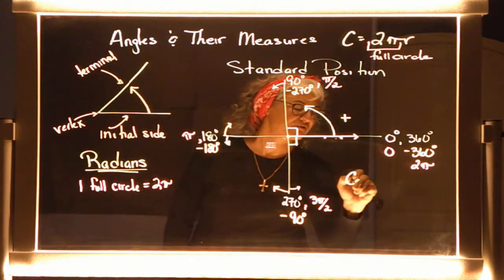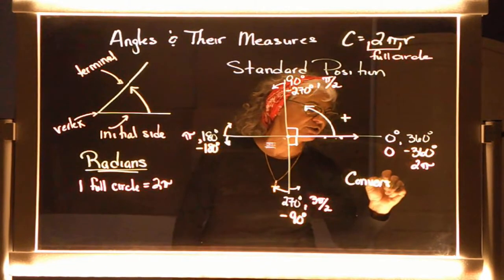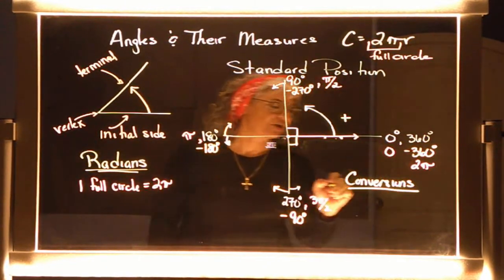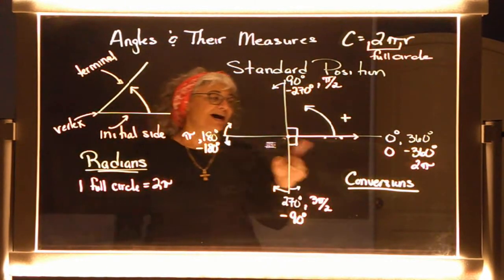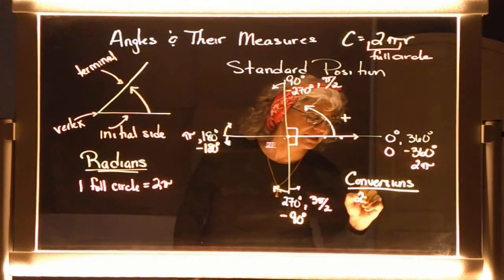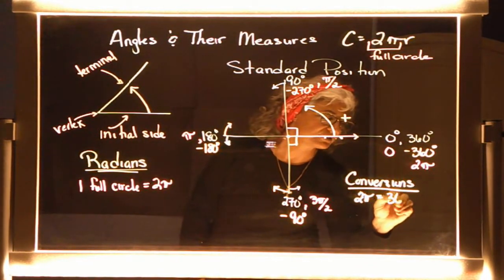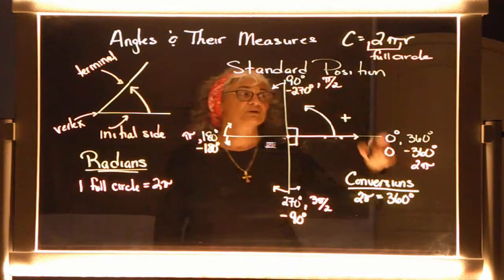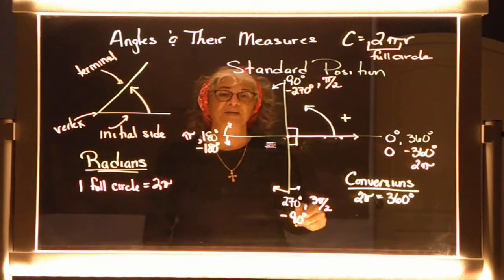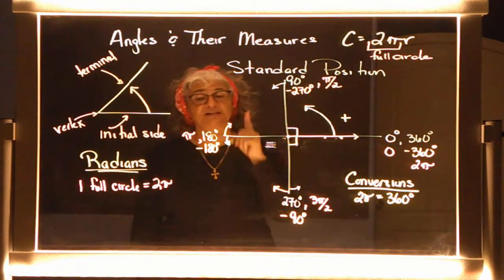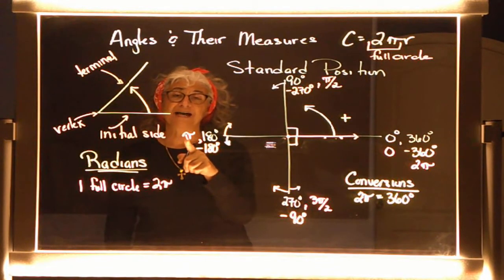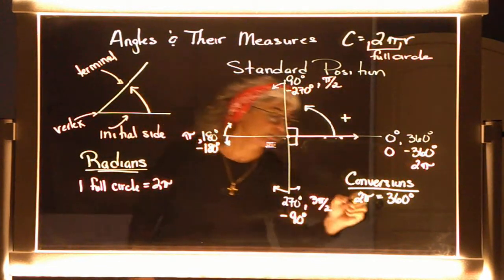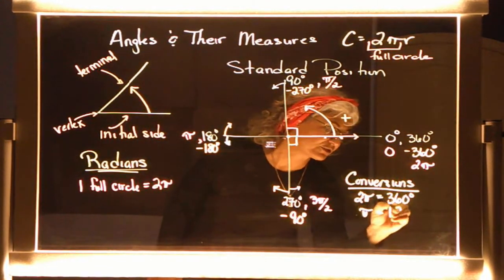We have some conversions that we actually now know. One conversion is this. I know that 2 pi is equivalent to 360 degrees because we said one full circle. Based upon our labeling, I also know that pi is equivalent to 180 degrees.